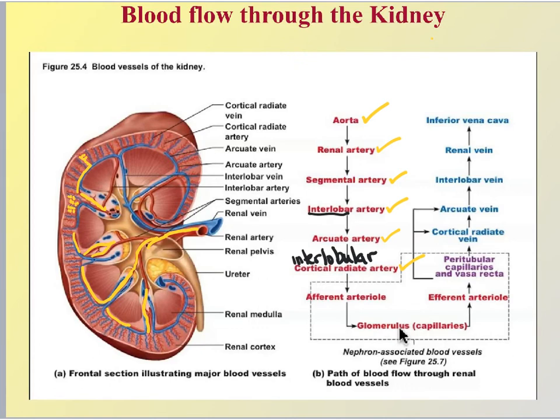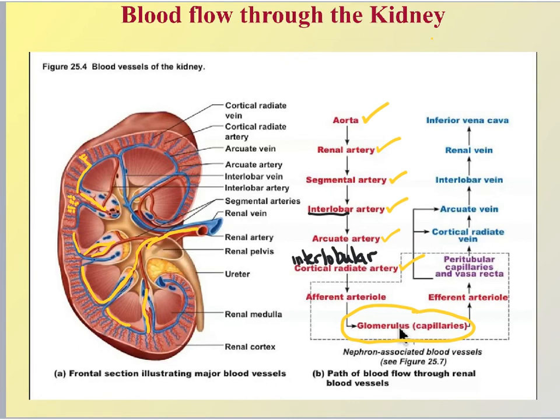And that's kind of the point where blood will then be pushed through a filtration structure called the glomerulus. We're not going to talk about that quite yet. We're still learning about blood flow, so we're going to skip that, and we're going to trace blood flow out of the kidney now.